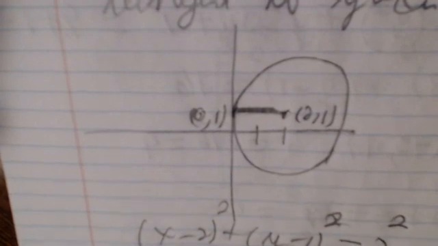Let's see. Here's another one that's a little bit more complicated. I want the center to be at 0, 0, and I want it to go through the point -2, -1. First of all, we want the center to be at 0, 0.